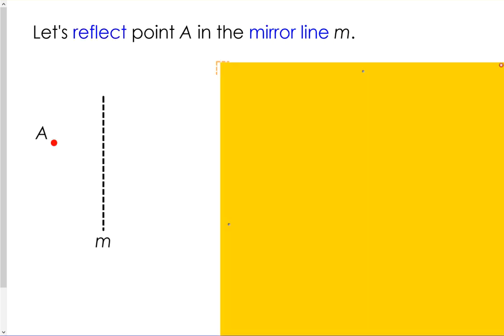We can also reflect points in a mirror line. Let's reflect point A in the mirror line M. The mirror line has already been drawn for us.